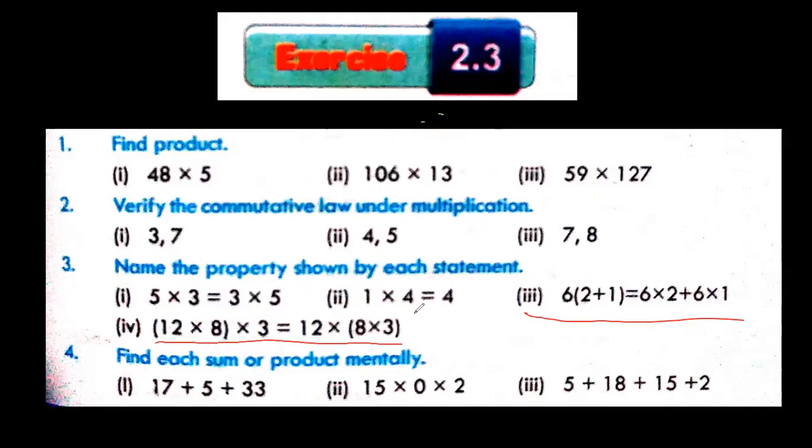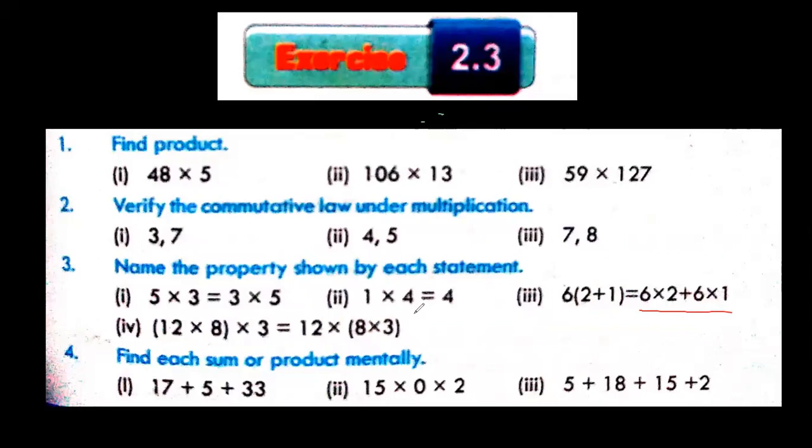So here the sign is the same, multiply, multiply, multiply, and each sign is multiply. But here plus, and what is here? Bracket means multiply. So there are two signs, multiply and plus. Sir, I know this is distributive property. Yes, you can see on the right side there are two signs.